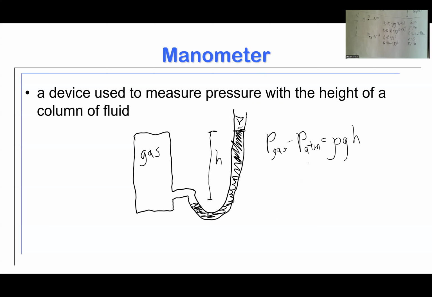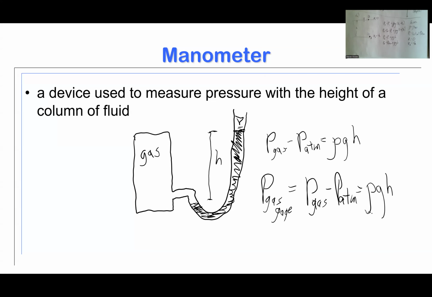But this allows us to figure out the pressure of the gas. And then notice that if I wanted to know the gauge pressure of the gas, which is equal to the pressure of the gas minus the pressure of the atmosphere, well, that's just equal to rho g h.